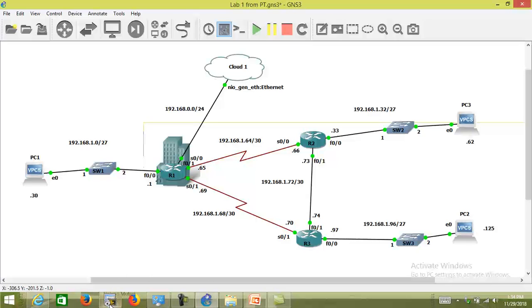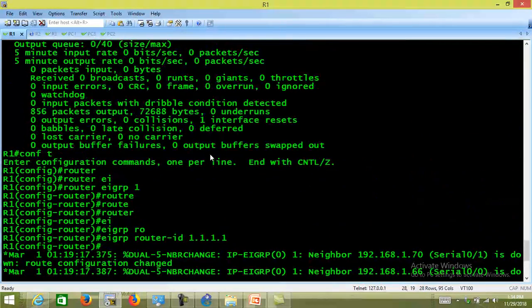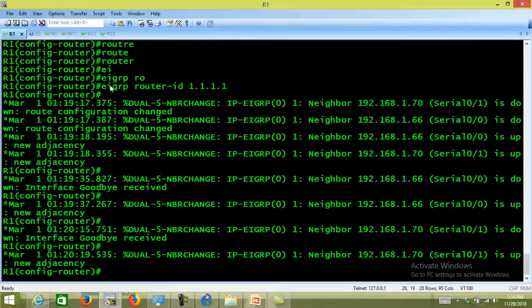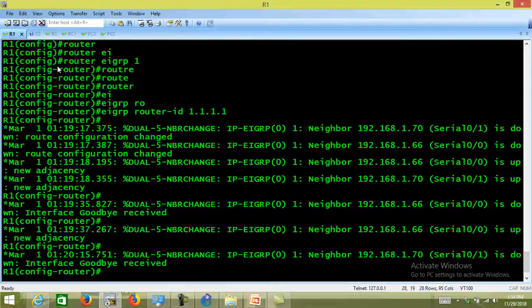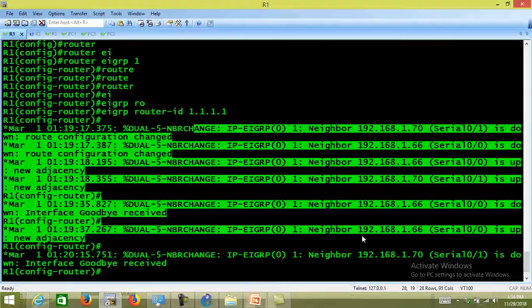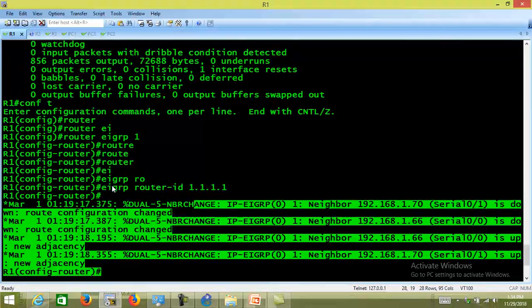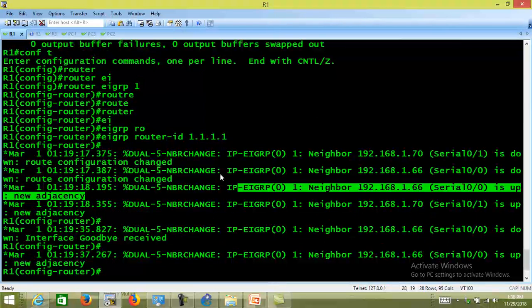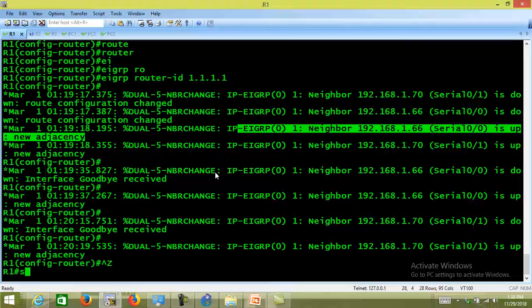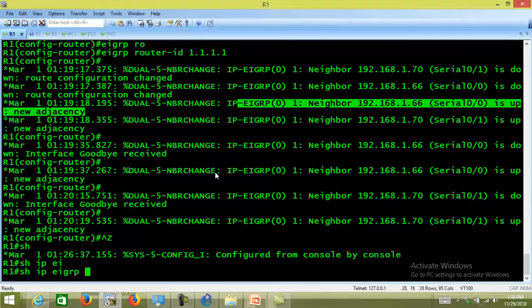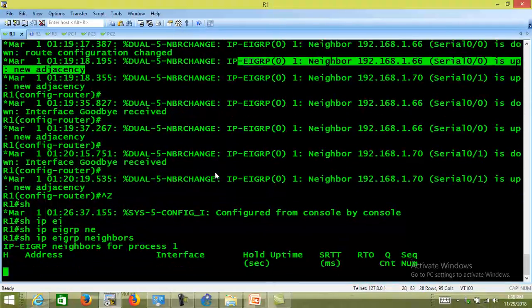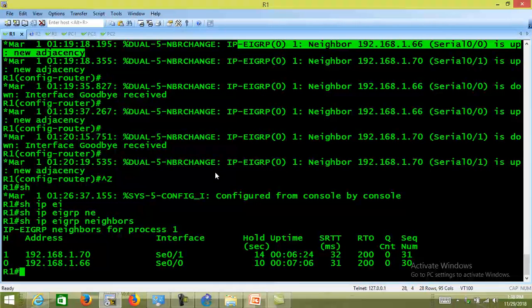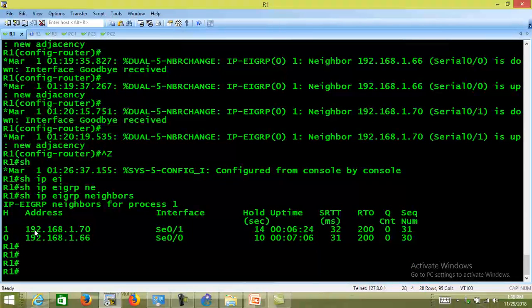So anyway, I've assigned the IP address on that link, and it's already advertised. You can see some neighbors forming. I've also changed the router IDs, so that when you type show ip eigrp neighbors, they're still showing as okay.